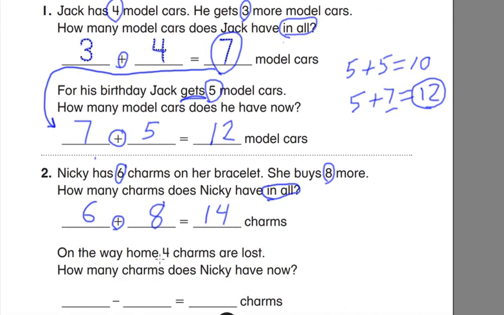On the way home, 4 charms are lost. Oh, man, that sounds awful. How many charms does Nikki have now? Okay, so I'll give you guys a second. Well, more like 30 seconds or a minute to go ahead, circle the important things, and solve this story problem.